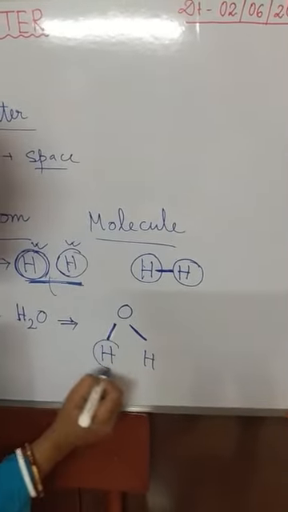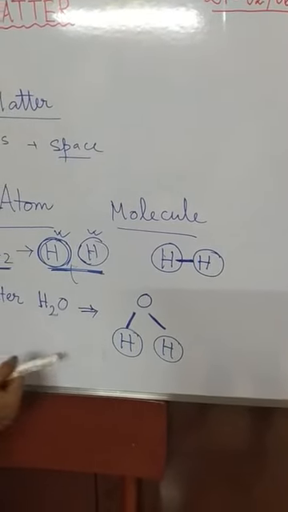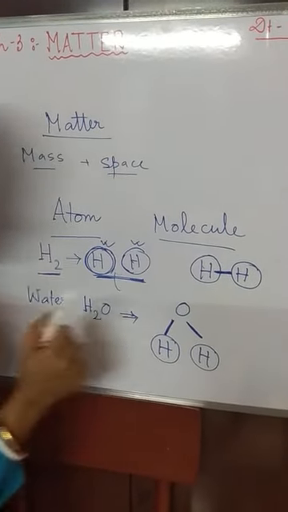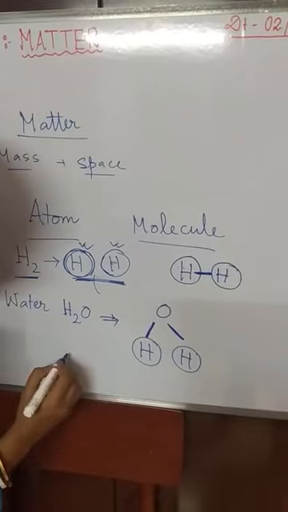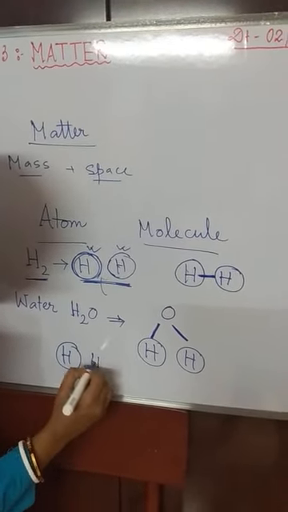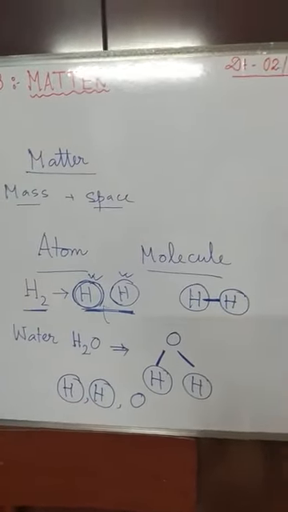Now see, if we break the water molecule, this is the water molecule together, oxygen and two hydrogen atoms. If we break it, we will be getting three atoms, two hydrogen atoms and one oxygen atom, okay.